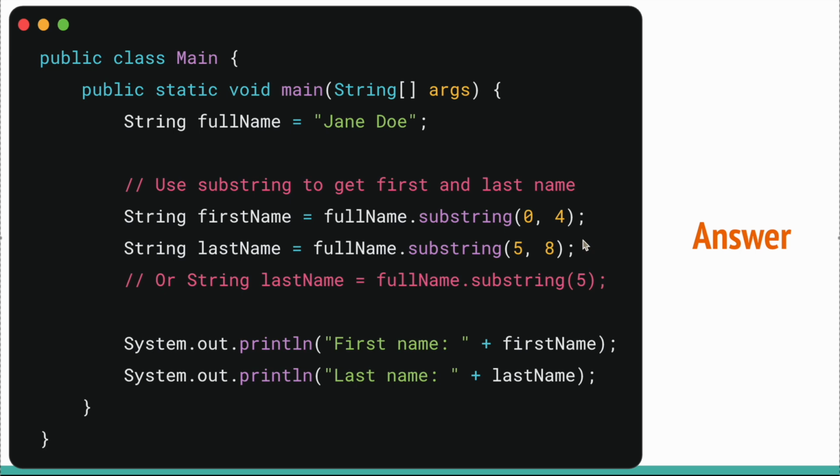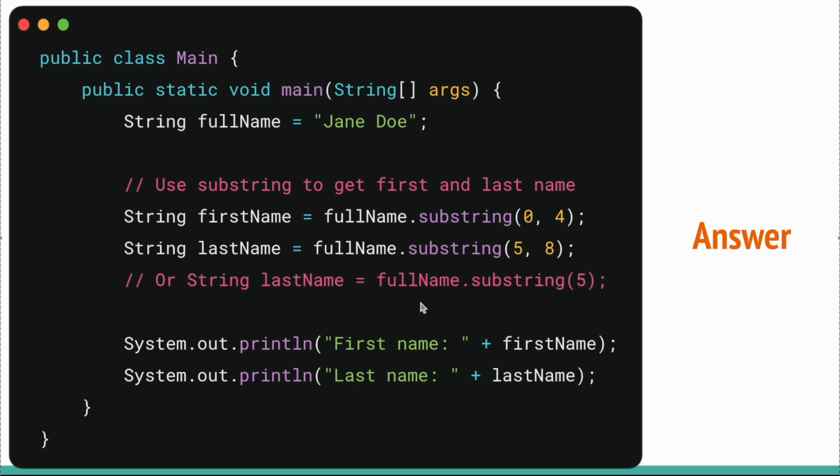So for the first part, this is pretty straightforward. All you have to do is identify which index gives you your first name and which one gives you the last name. So for Jane Doe, it'll be from 0 to 4 exclusive because it's 0, 1, 2, 3. And it'll go up to the ending index minus 1. And for the full name, it'll be 0, 1, 2, 3, 4, 5, all the way to the end, which is 8.